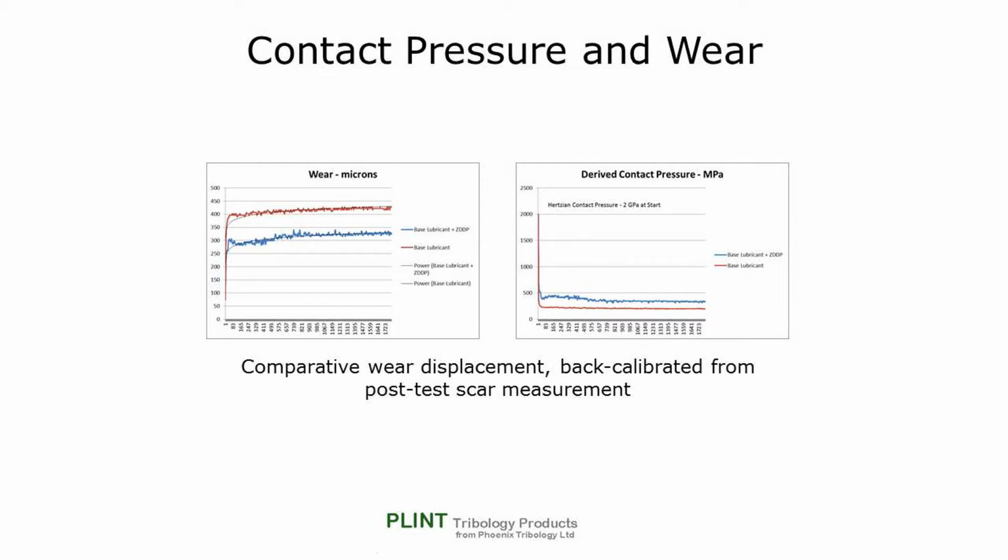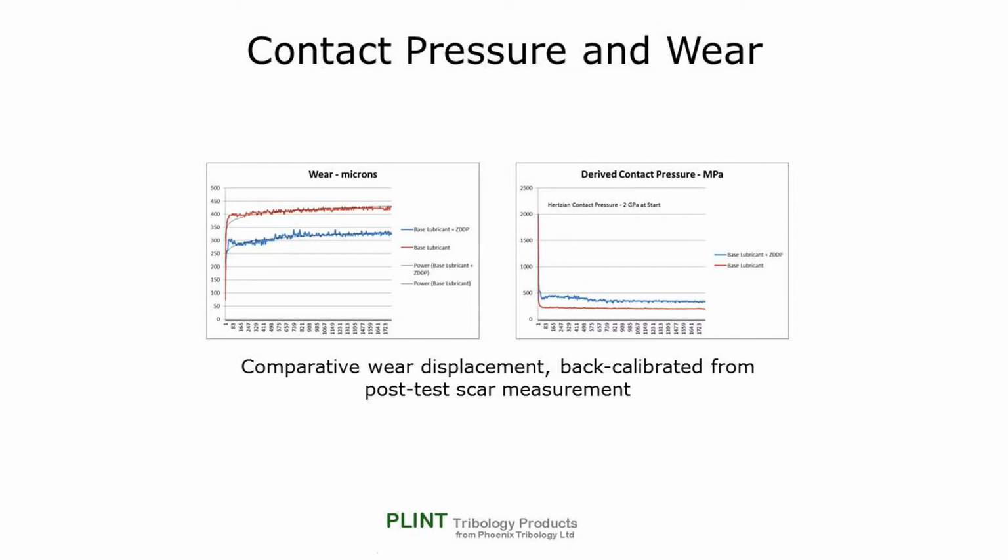Subsequently, the tests continue to run at very much lower contact pressures than at the start, but at different contact pressures depending on the test fluid. In this example, for comparison of subsequent wear behaviour, should we not be increasing the load on the ZDDP sample so that it is run at the same contact pressure as the base lubricant?